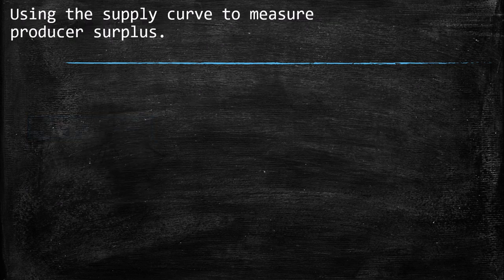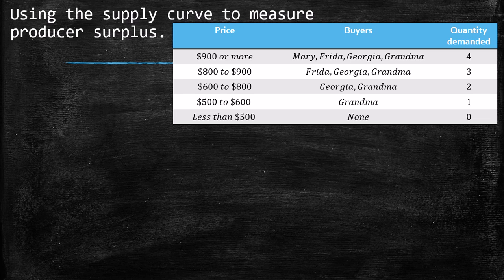Using the supply curve to measure producer surplus. Here we have the intervals of price. When the price is higher than 900, everyone will sell. So the quantity supplied is going to be 4.